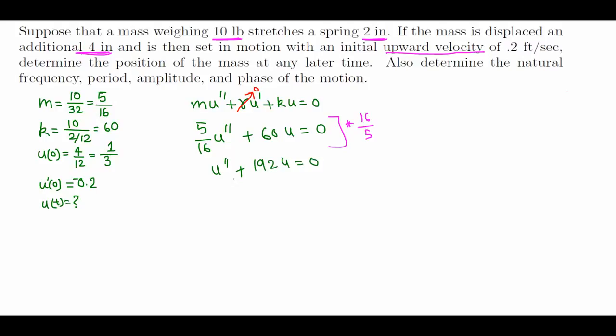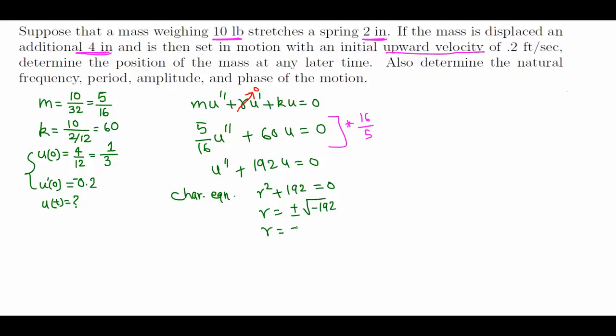Now we want to solve this differential equation along with these two initial conditions. So basically we are solving an initial value problem. We find the characteristic equation, which is r squared plus 192 equals 0. So r equals, move this over, take the square root of negative 192.